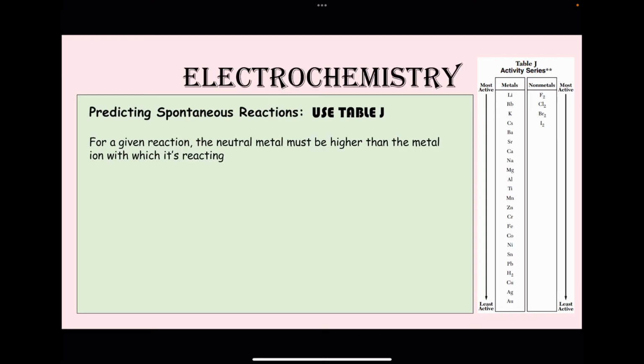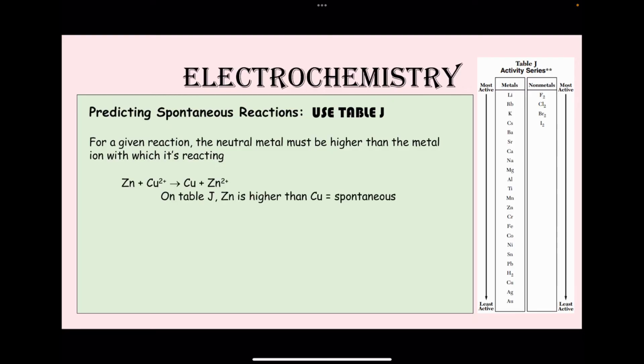For any given substance, the neutral substance, meaning the one that's in the elemental form, must be more active than the metal that is in the compound, because the metal in the elemental form is supposed to replace the one that's in the compound.